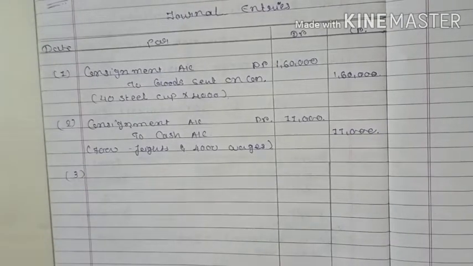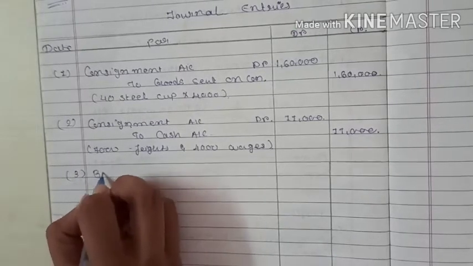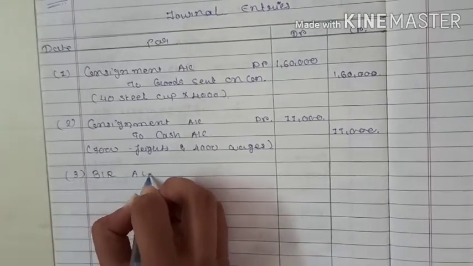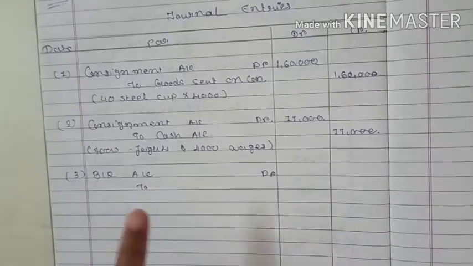Now, third entry, when the consignee sends the advances to the consignor. When the consignee sends the advances, he will send 90,000 bills for 3 months. So we are receiving the bills receivable. So what would be the entry? Bills receivable account debit to consignee account.